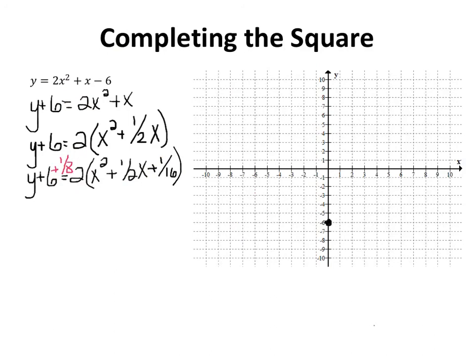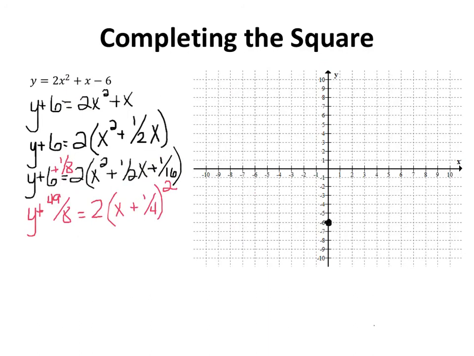So then as we rewrite this, 6 could be thought of as 48/8, which means when we add more we get 49/8. And then our perfect square, x plus 1/4 quantity squared.